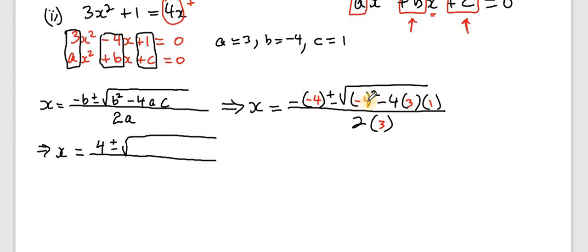What's the square of negative 4? Ensure negative 4 is within the bracket. But if you put this entire thing in the calculator, what would you get? 4. The whole answer before? That's what I got. So when you put negative 4 squared minus 4 times 3 times 1, you got 4.